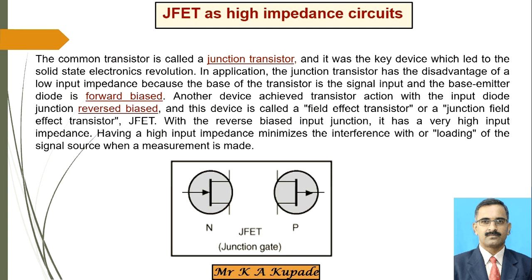So high input impedance in any circuitry is very important, useful for minimizing the loading effect in that particular circuitry. That is the thing. So I have once again shown the N and P channel symbols of this particular JFET here. So here the JFET is acting as a high input impedance circuit.